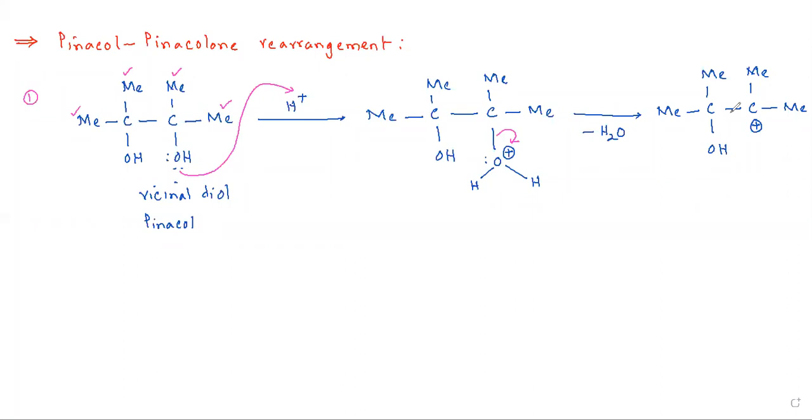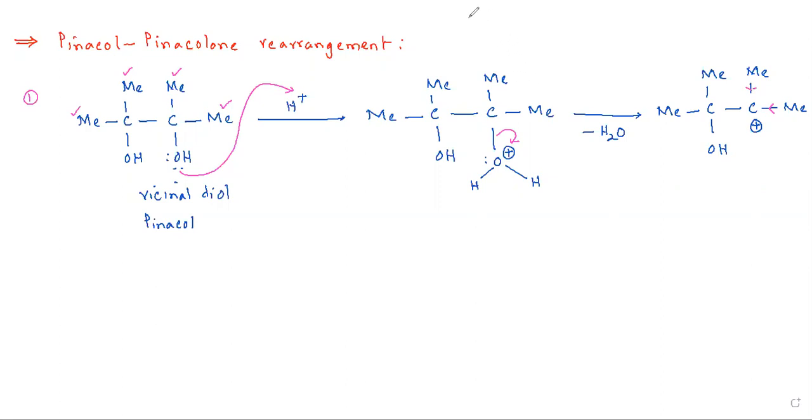Okay. See, as of now, it is stable, but still, if you want to make it more and more stable, go for rearrangement. Now it has got 2 plus I groups. Of course, the releasing ones, so they can just stabilize the carbocation.